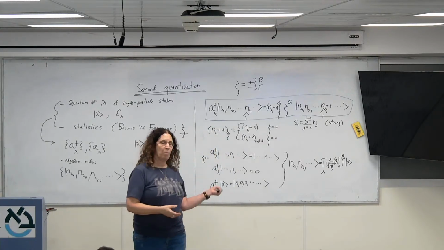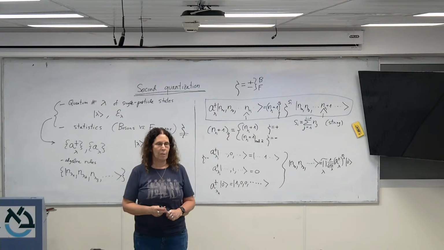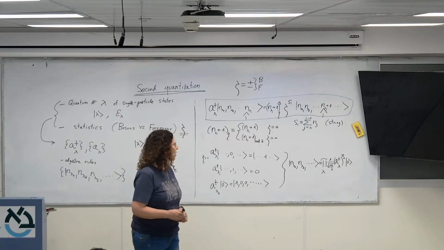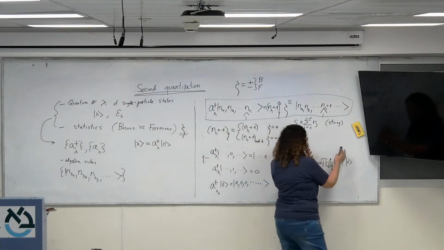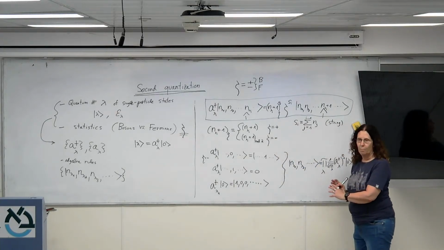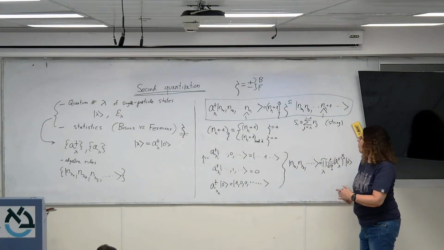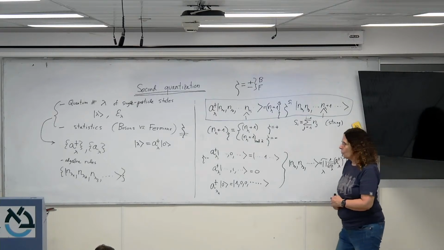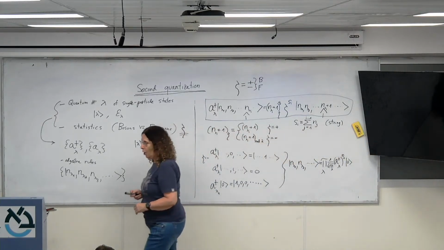For bosons, they can be anything, from 0 to infinity, okay? But still, the formal expression is exactly the same, okay?